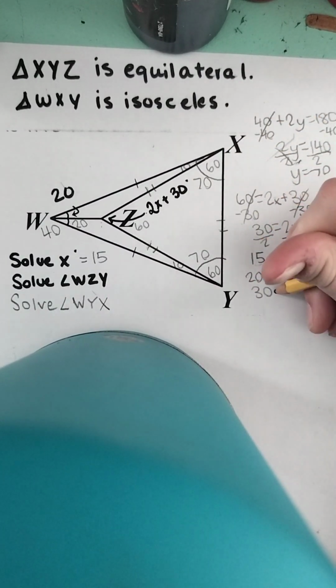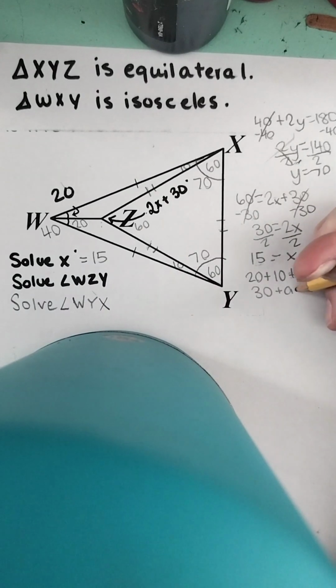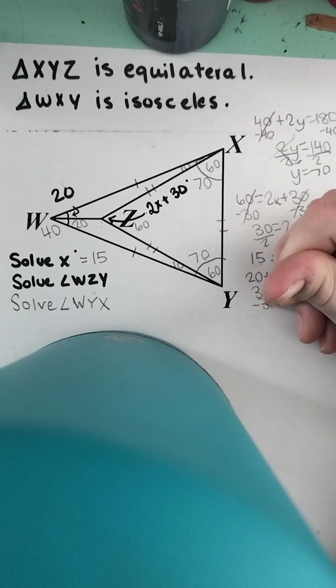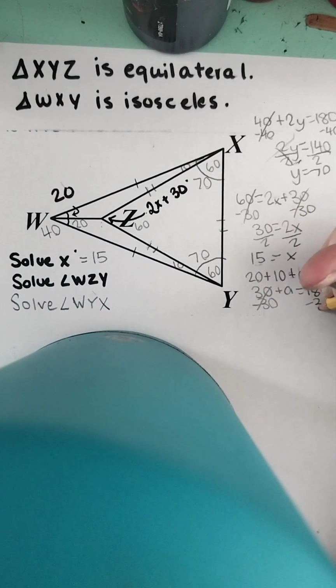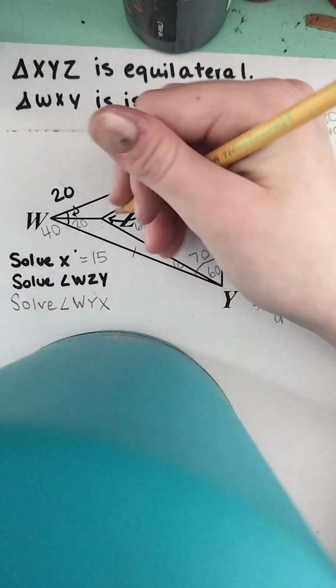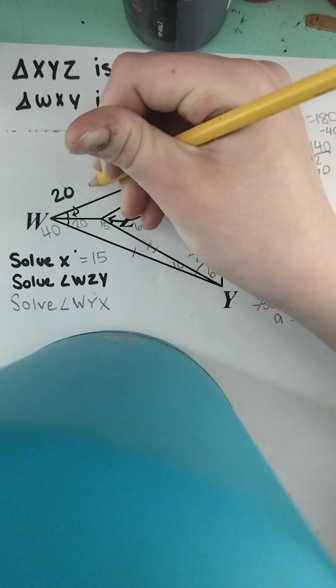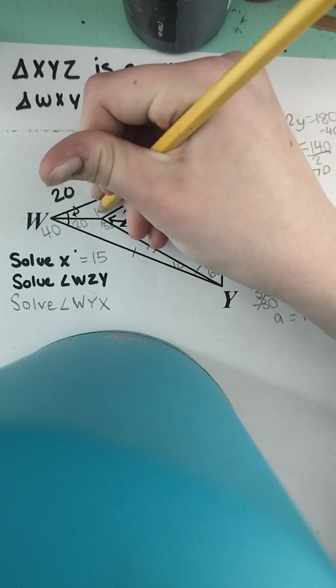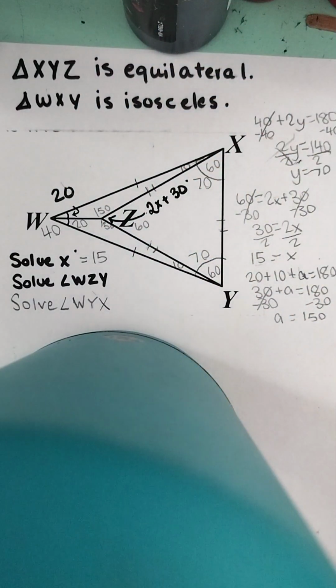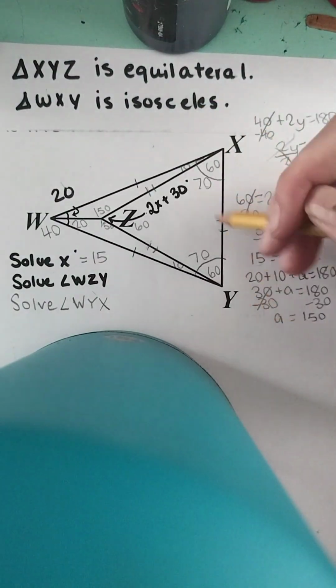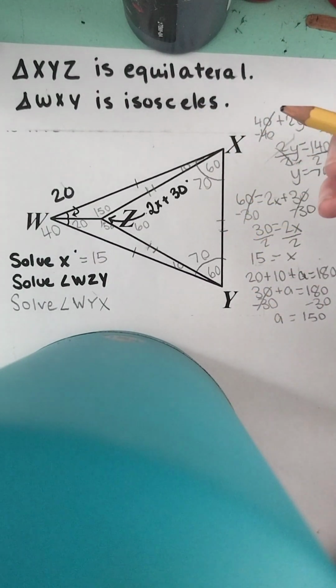So we combine like terms, 30 plus a equals 180, subtract 30 from both sides. We get 150 equals a. So now we know this is 150. Now we've solved for all of the angle measures in the triangle.